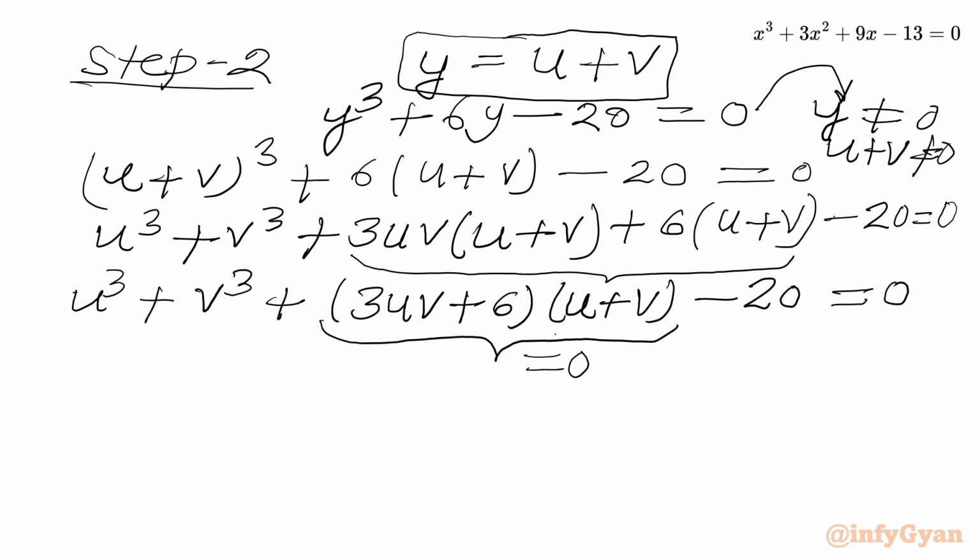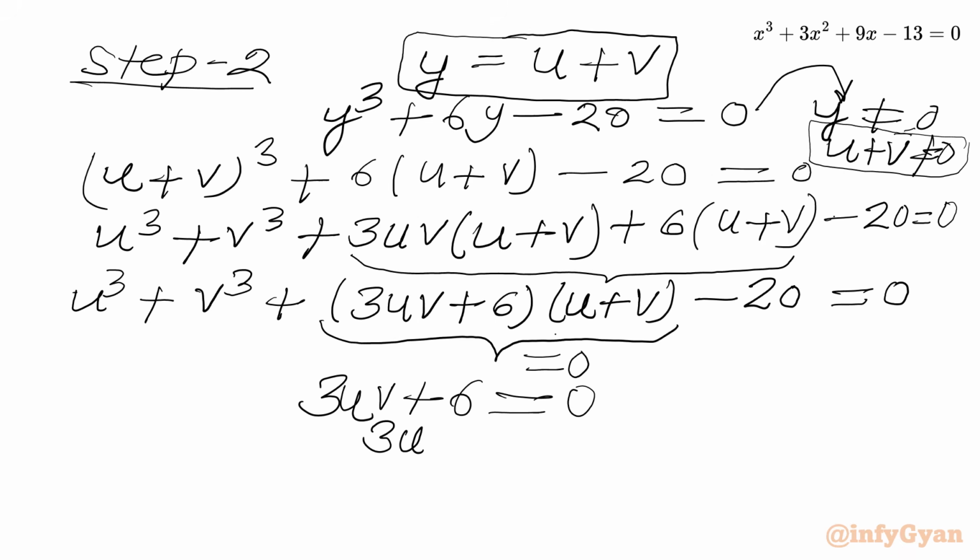To make this equation solvable, we need to set the middle term, 3uv plus 6 times u plus v, equal to 0. But u plus v cannot be equal to 0. So we can write here 3uv plus 6 must be equal to 0, or 3uv equal to minus 6, uv equal to minus 6 over 3, which is minus 2.